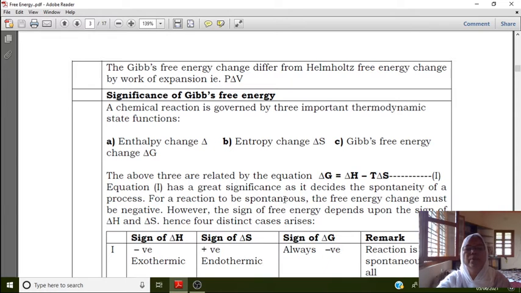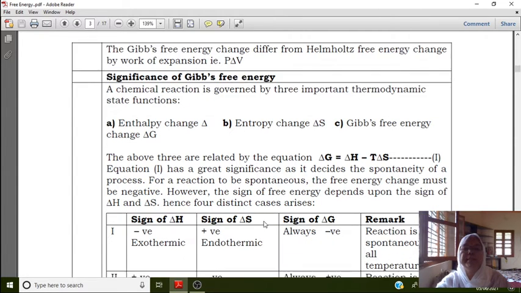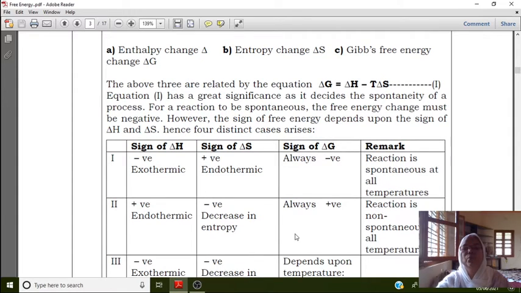For a reaction to be spontaneous, the free energy change must be negative. Remember that for every spontaneous process, the free energy of the process decreases. However, the sign of free energy depends upon the sign of delta H and delta S. Hence, there are distinct cases, as follows.